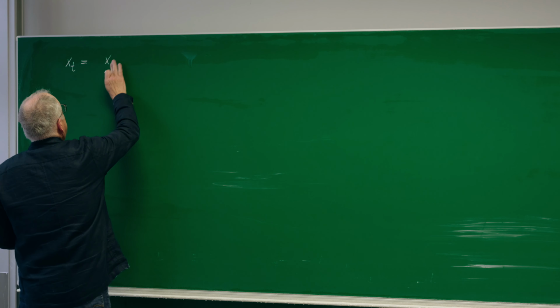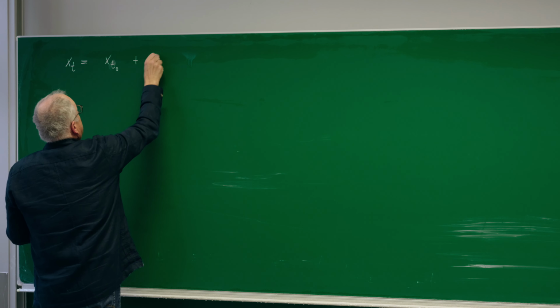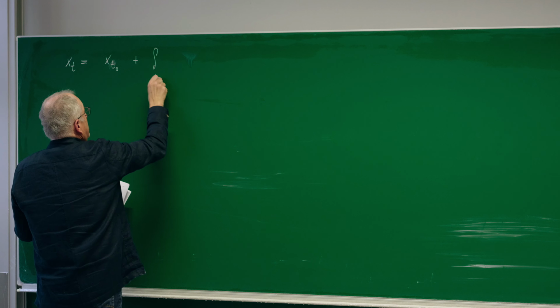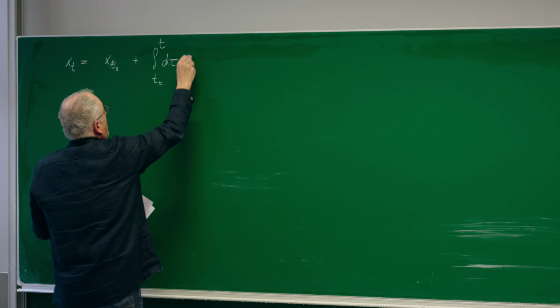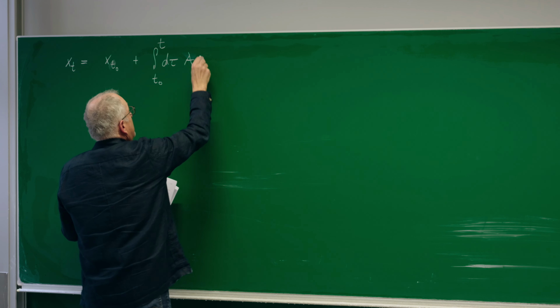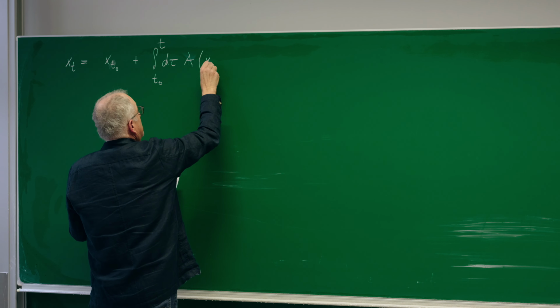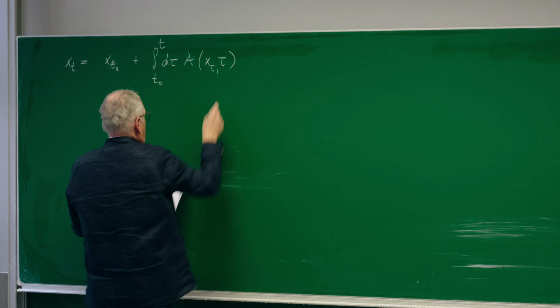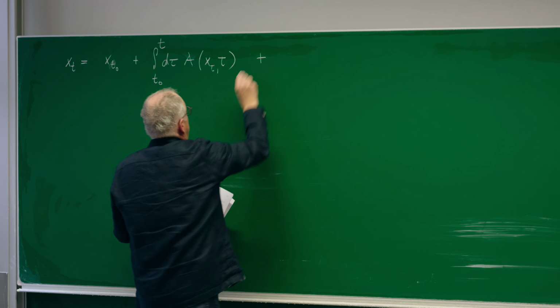Good, and now we can again try and integrate. So as I integrate this, I get the initial value of this, and to be precise, this is at time t0. Then I integrate from t0 to t over tau a(x_tau, tau). And this is all standard.